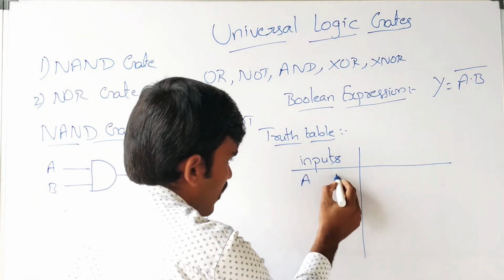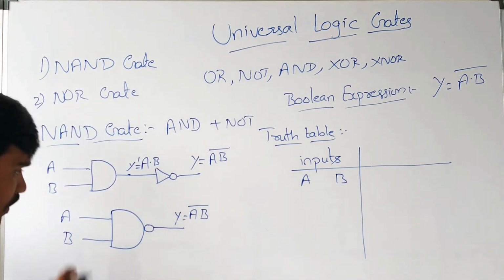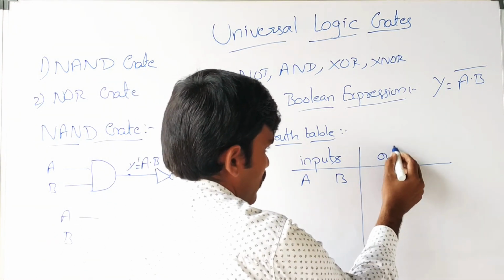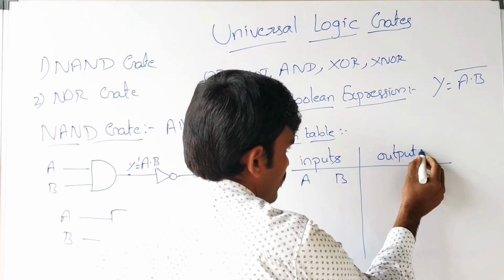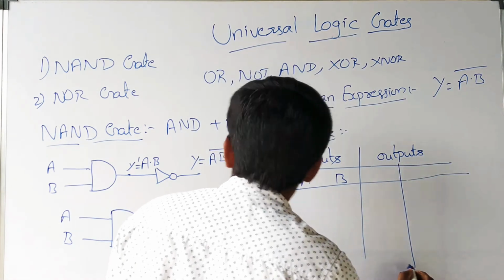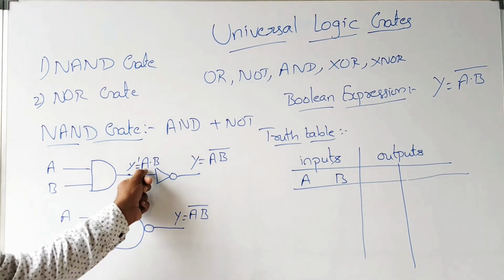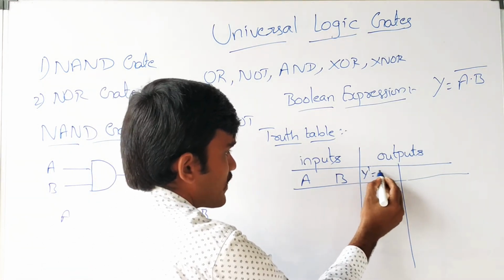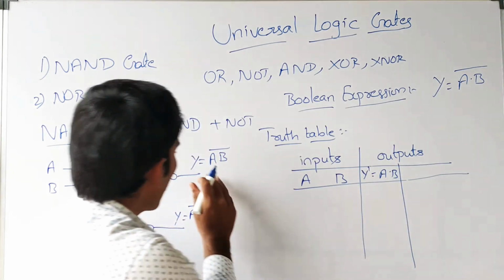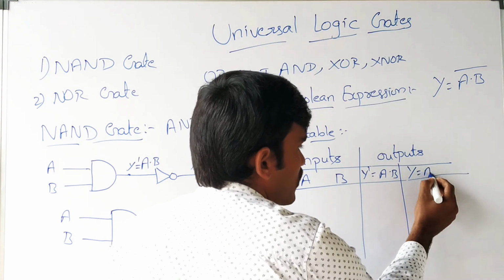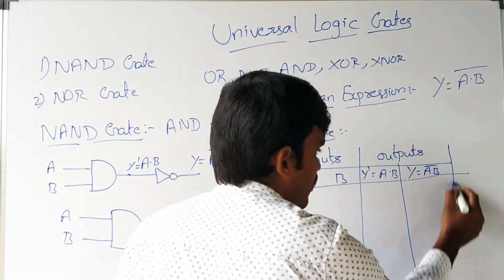First we take Y dash equal to A dot B, and Y equal to AB whole bar.